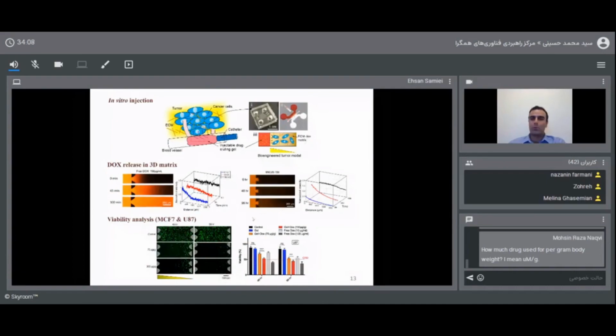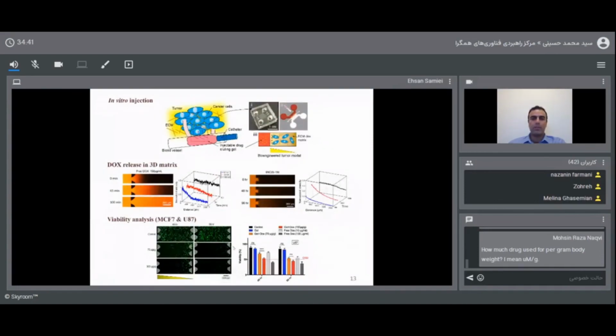This was further shown by viability analysis, where the cells were stained with the live component of the live/dead kit. As you can see here at two different time points, the site close to the drug-loaded hydrogel has fewer live cells, and the gradient shows that as it gets farther from the gel, the number of live cells increases.